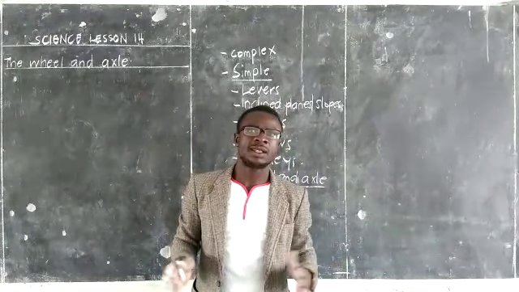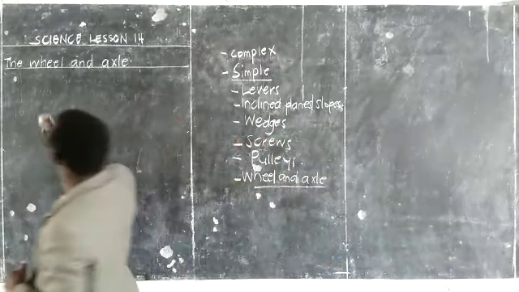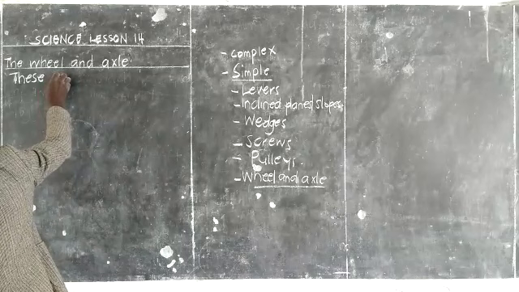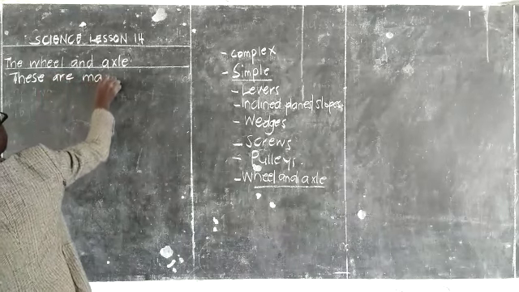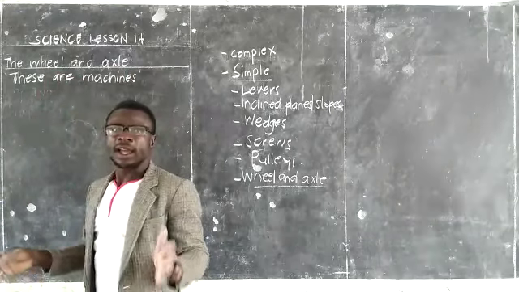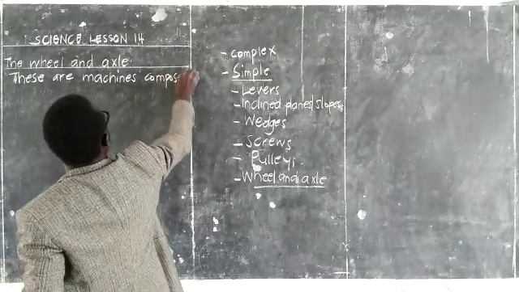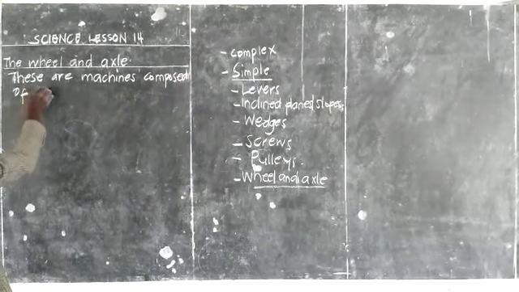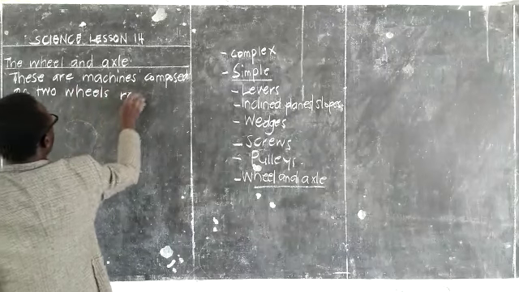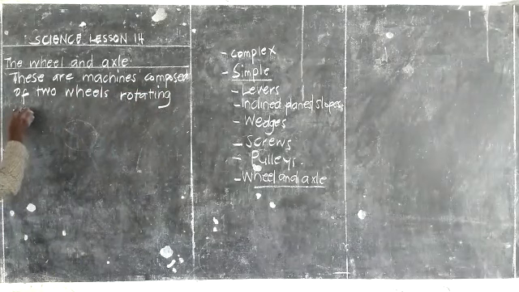They are defined as machines composed of 2 wheels rotating together.